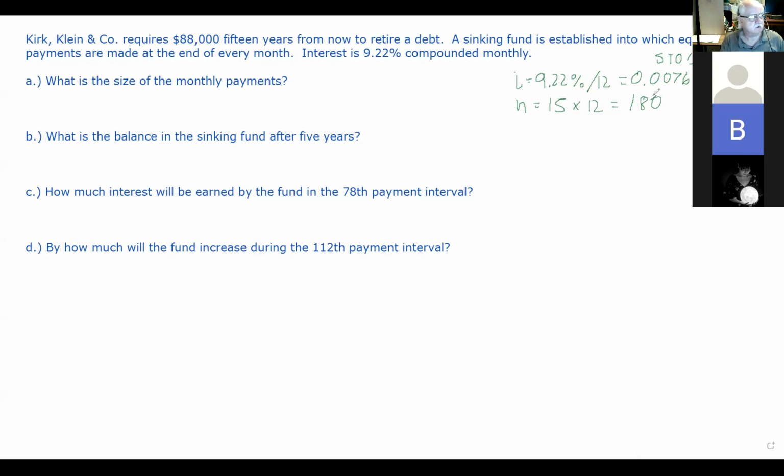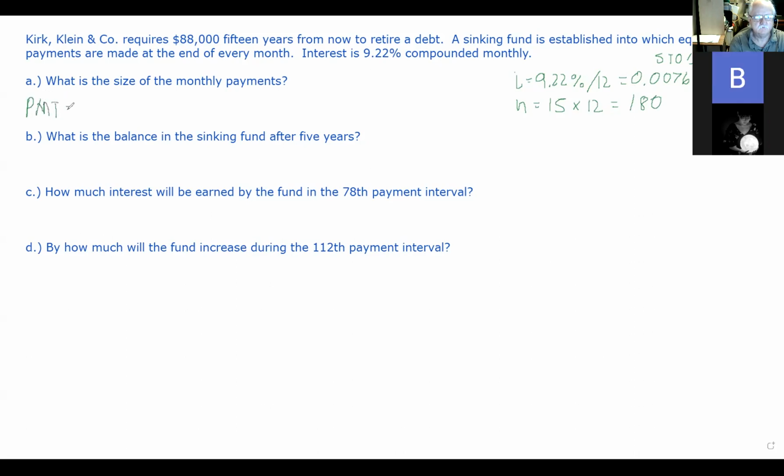how are we going to calculate that payment? Payment, what's it going to be equal to? We need to find a formula here.